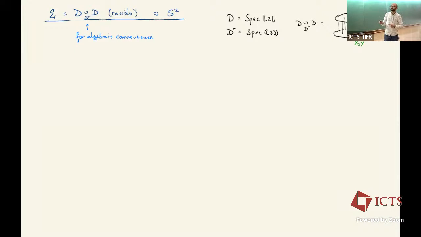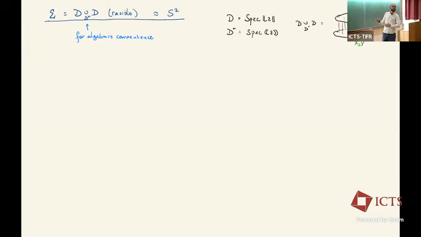to consider this non-Hausdorff algebraic space that some of us call the raviolo and others of us call the bubble or the UFO. So this raviolo is an algebraic manifestation of S2. It's formed by taking two formal disks and gluing them over a formal punctured disk.